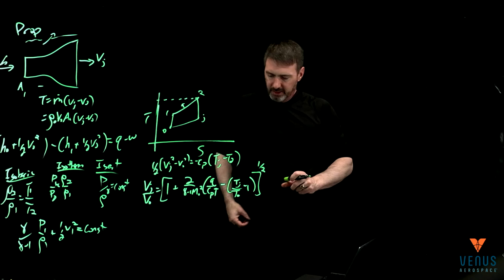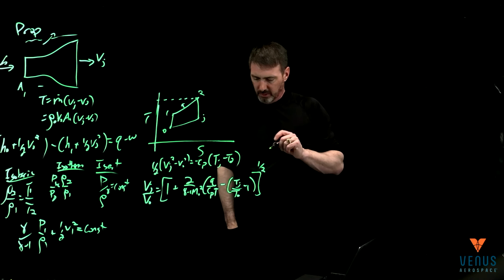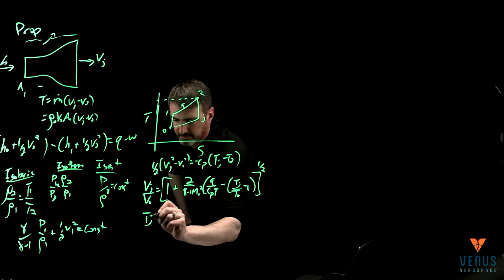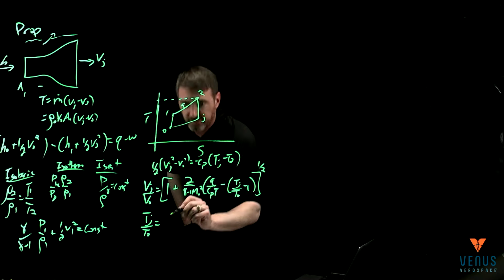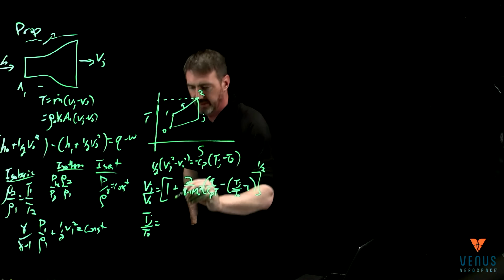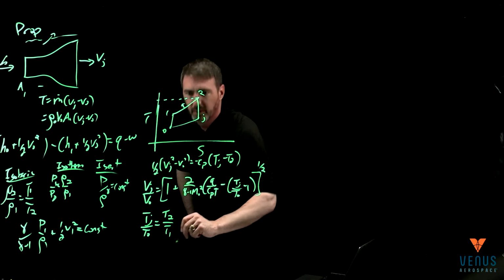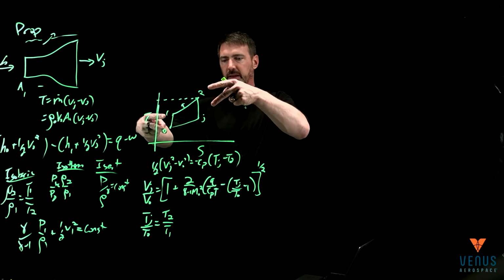And we can go in and actually see, we know that T jet over T0 is the same thing as T2 over T1. Or we would say that T1 over T0 is equal to T2 over T jet.